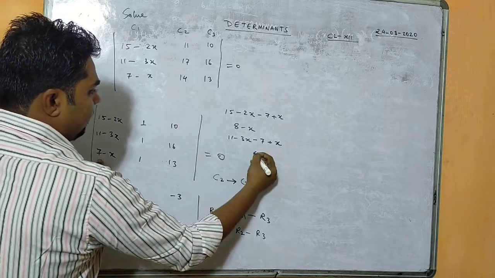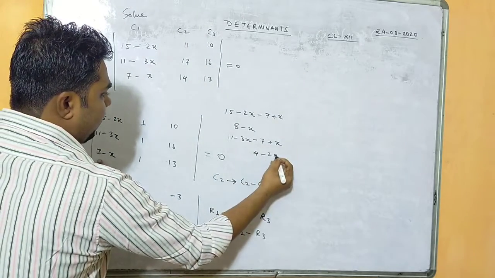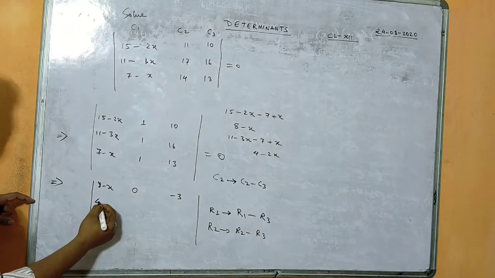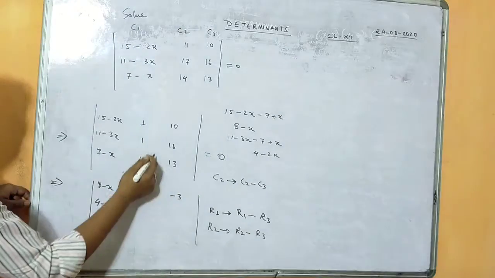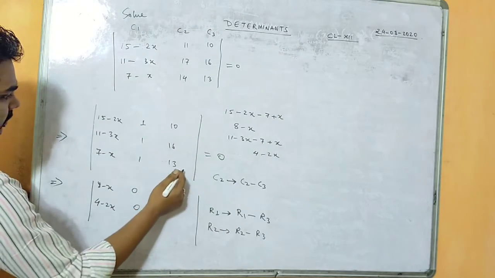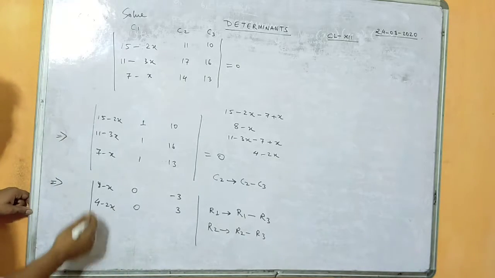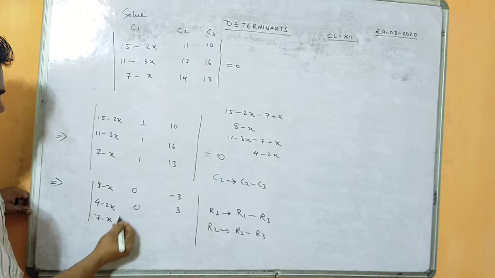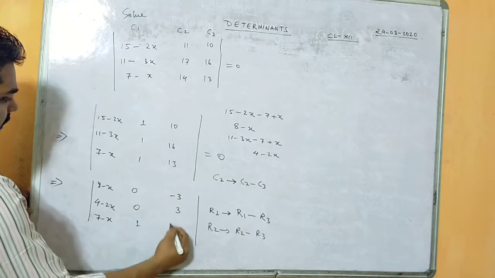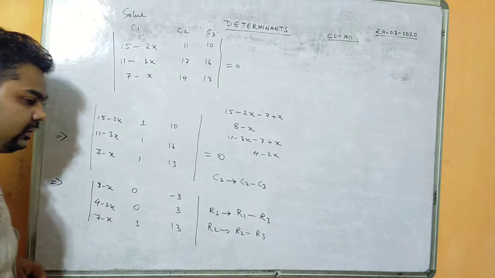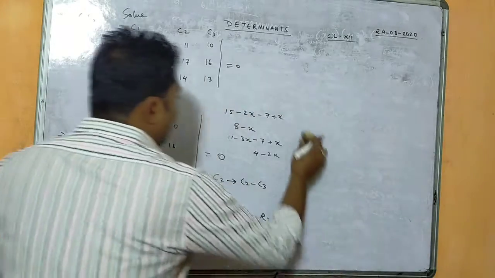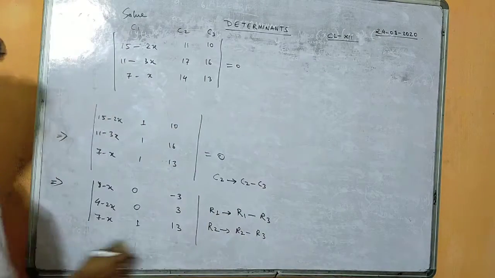So 11 minus 7 is 4, and here you will get minus 2x. So that is 4 minus 2x. 1 minus 1 is 0. 16 minus 13 is plus 3. And here we will get 7 minus x. 1, 13, right? We are not changing here. The other rows we have written as it is.